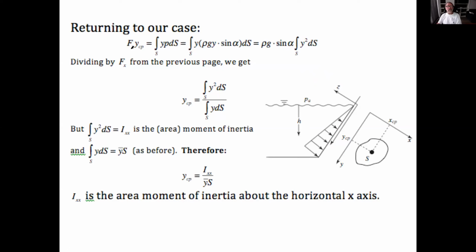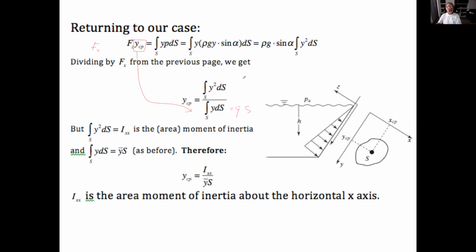So what we do is we have Fx, which was equal to rho g sine alpha multiplied by the integral of y dS. We just divide one by the other. So we had Fx, and then we divide one by the other, and we end up with ycp, center of pressure in y. And turns out, without really solving these quantities, we end up with this. So this was basically y average times S. We did that before.